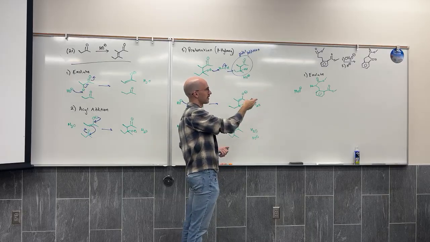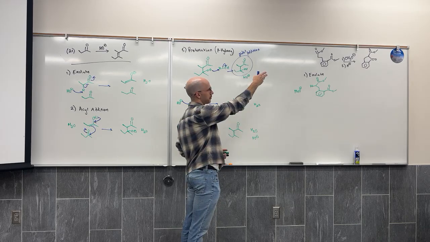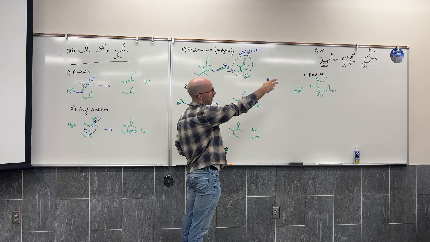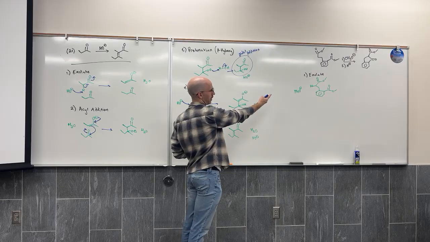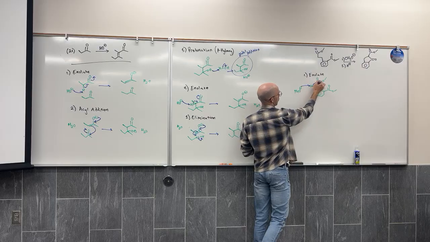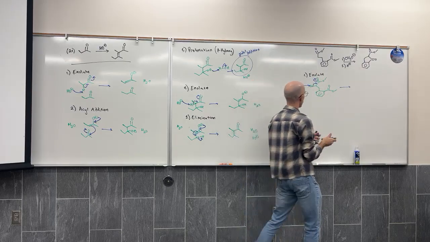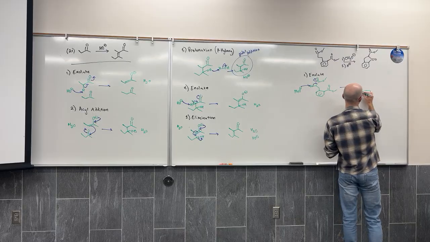I always want you guys to feel comfortable with all the different ways that you can abbreviate a structure. So we've got methyl esters drawn in bond line. We've got methoxide drawn with chemical formula. We've got methoxide drawn with its IUPAC abbreviation. Nothing changes here in that first step. We just form the enolate.